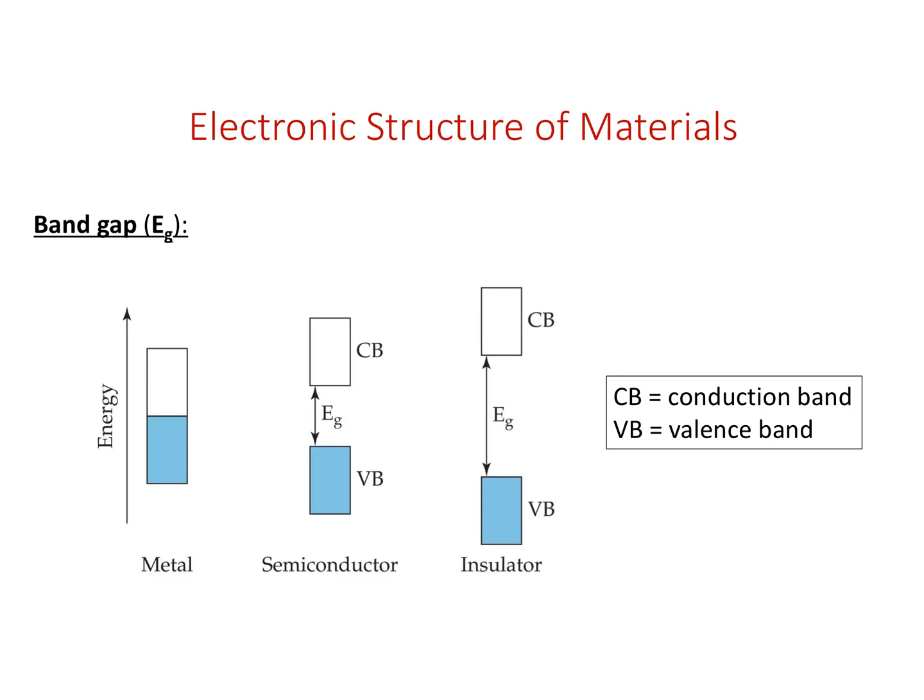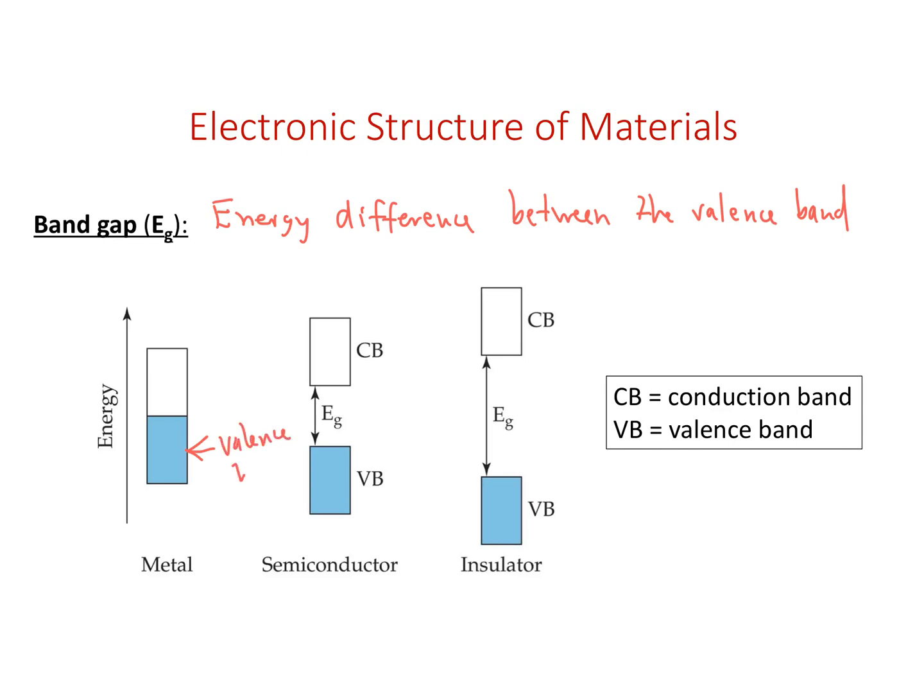So our band gap is the energy difference between the valence band, and here's our valence band right here. That's our bonding band. And here's our conduction band.